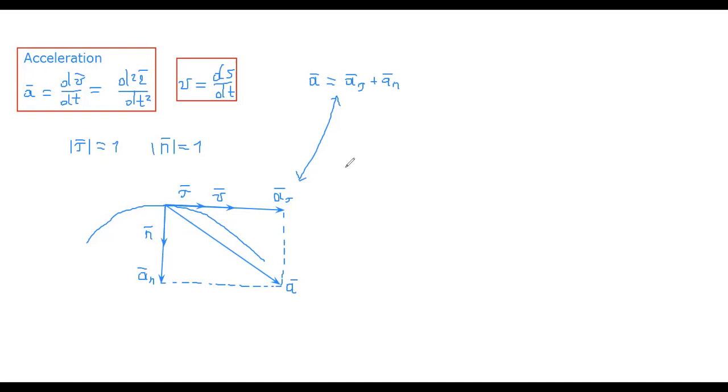And we can write this in this way. The derivative of the absolute value of velocity by time multiplied by tau plus v squared divided by r.